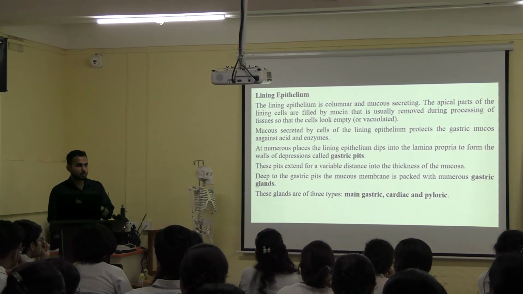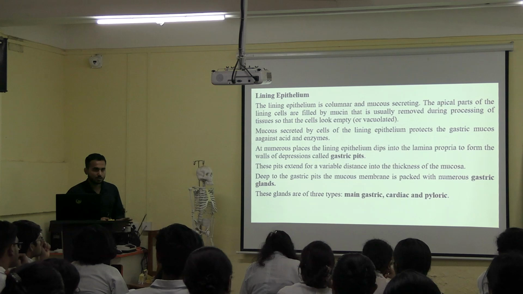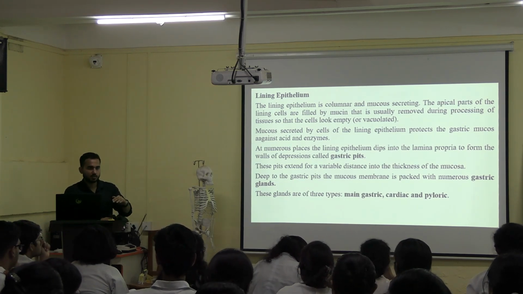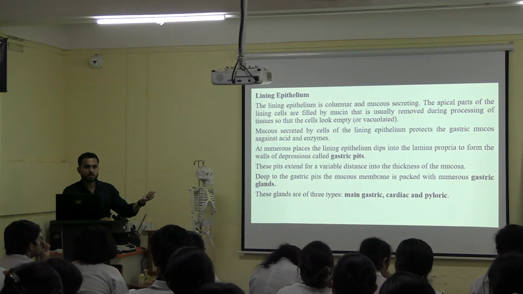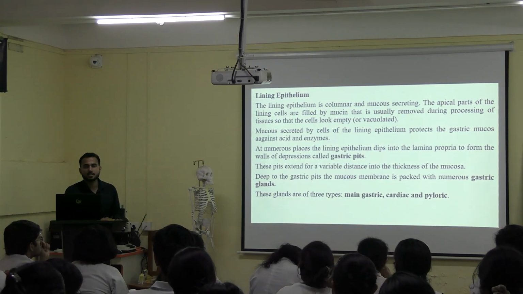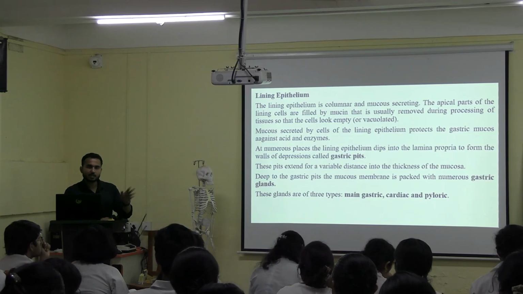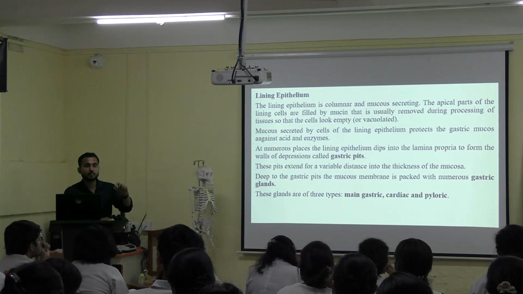If you compare columnar and cuboidal cells, which are taller? Columnar cells are taller, and the nuclei are present at the base of the cell. So the upper part of the cell, especially in case of the stomach, what is present? Mucins are present. Whenever the slide is prepared, they are washed away. That's why that particular part of the cell will appear empty.